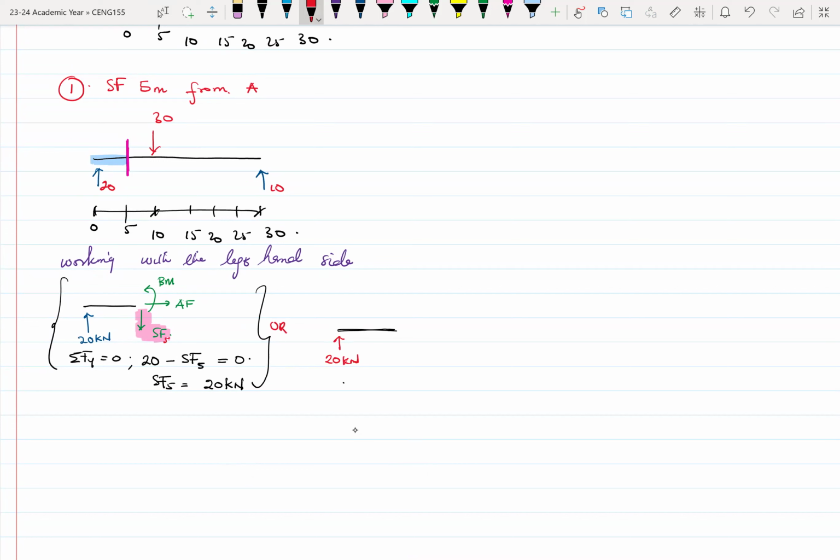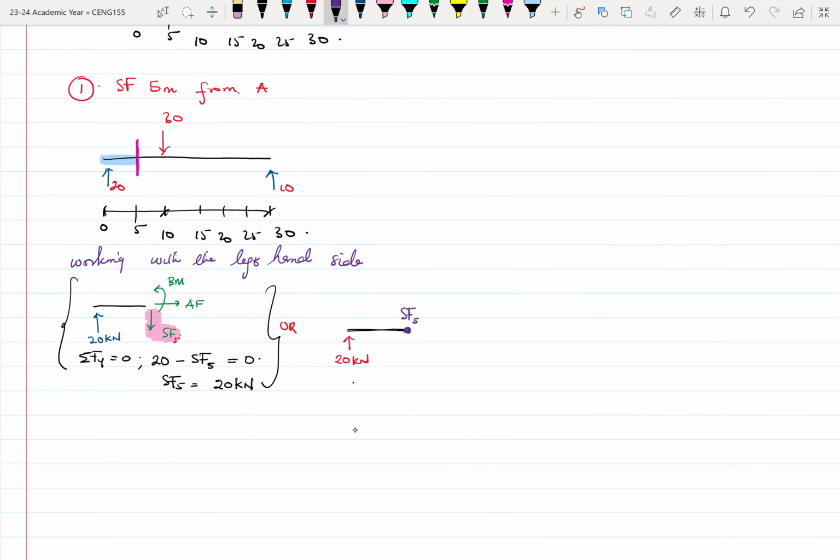Okay. So now we want to find the shear force at this point. All right. So we want to find the shear force at 5 meters away from A. All right. So this is the point we are looking at. So to find the shear force at 5 meters from A, here, with the second option, I didn't put any direction for the shear force. Right, great.